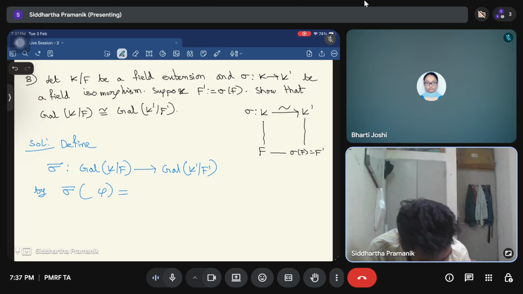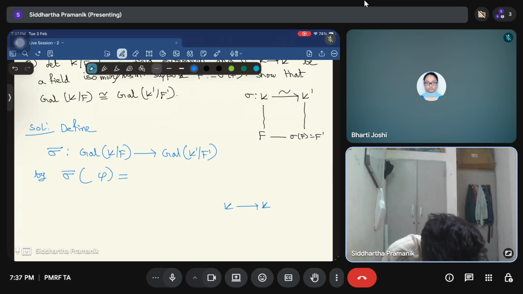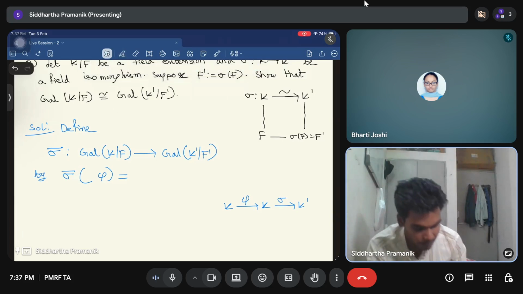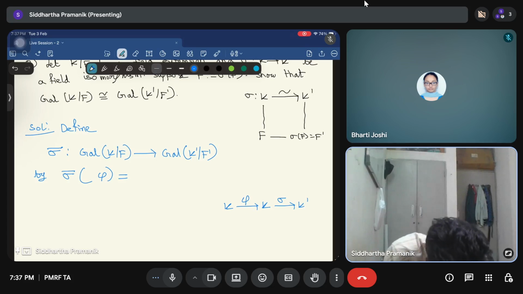So let's see how to do this. Here you have a map from K to K. This is phi, and from K to K prime we have sigma, and we want to create a map from K prime to K prime. So what we can do, we can take here K prime and take sigma inverse.